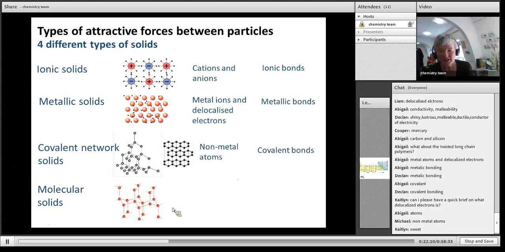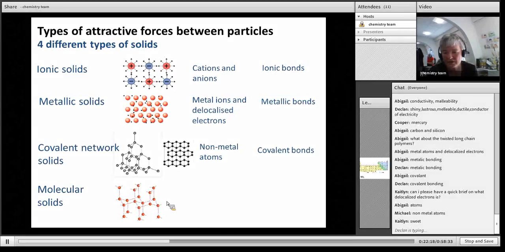And then finally, molecular solids. What sort of particles would we find in molecular solids? So Declan is typing. Again, the clue is in the name. So if you were given a table like this, it should be quite easy to fill in. Where it could be more difficult is if I said, for instance, here SO2.